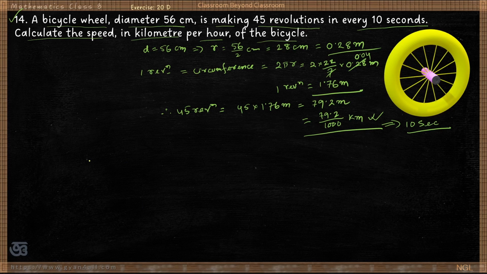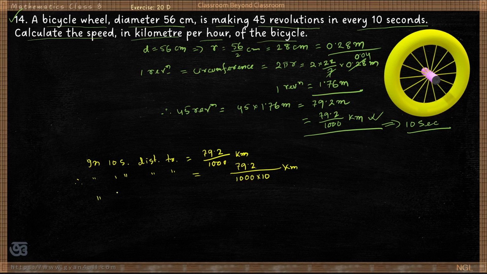Now we'll write it like this. In 10 seconds distance traveled is equal to 79.2 divided by 1000 kilometer. So in 1 second distance traveled is equal to 79.2 divided by 1000 and also 10 kilometer.